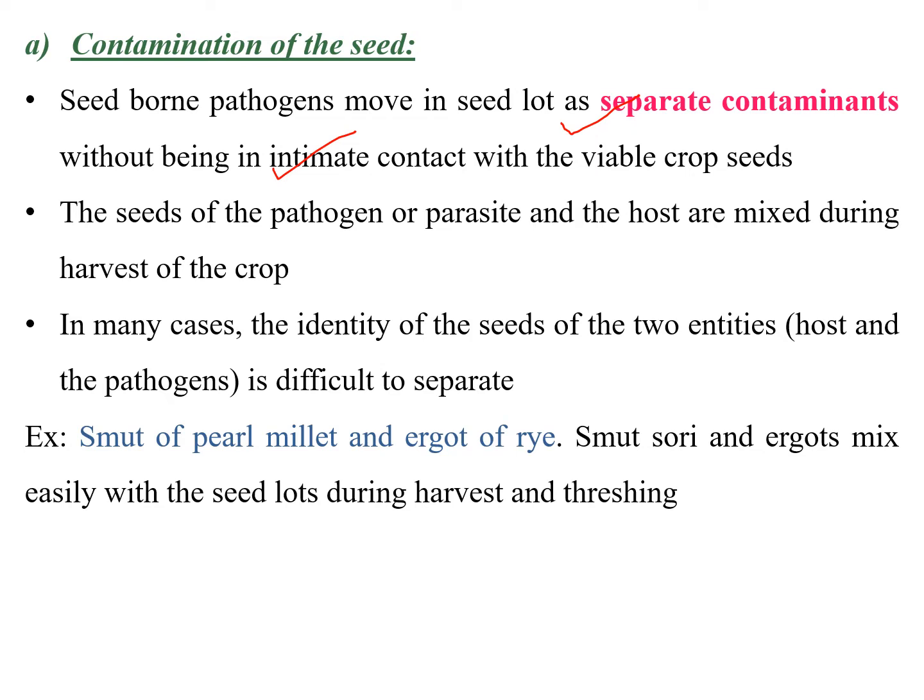If we take some examples, like smut of pearl millet, caused by Tolyposporium penicillariae, and ergot of rye, caused by Claviceps. Here, smut sori and ergots mix easily with the seed lots during harvesting and threshing operations, and it is very difficult to separate.